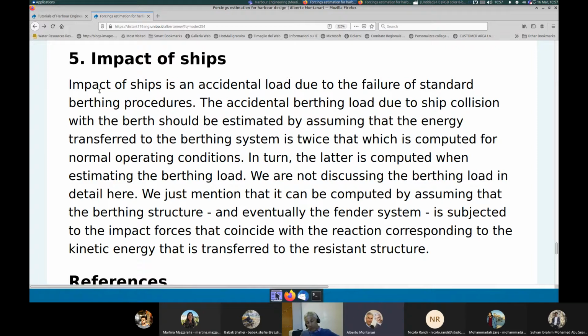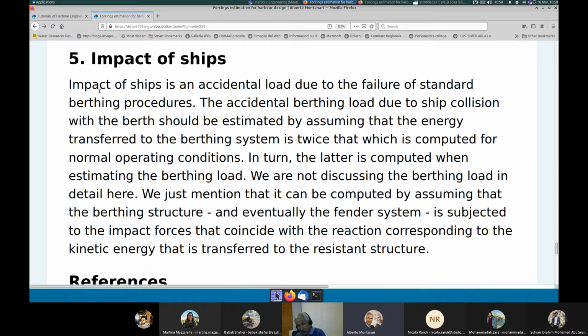There are several approaches for computing this kind of forcing, which are in general based on the computation of the kinetic energy of the mooring ship, and then this kinetic energy is transferred into impact force.